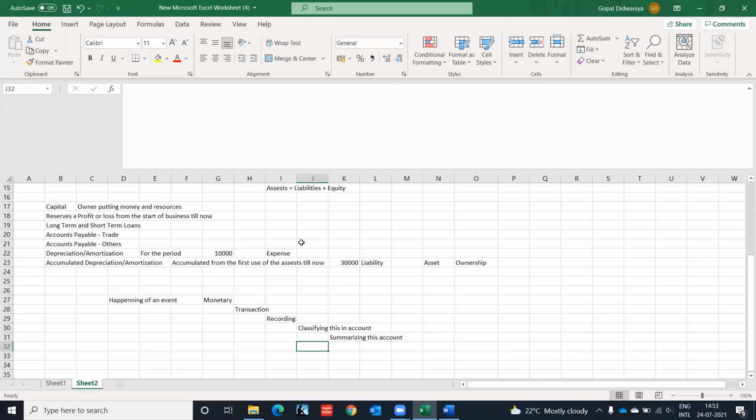There is an event, for example you are selling your goods. If you convert it into a monetary transaction, it comes under transaction. Recording is the journal entry. Classifying is booking into the ledger. Summarizing is preparing the trial balance.